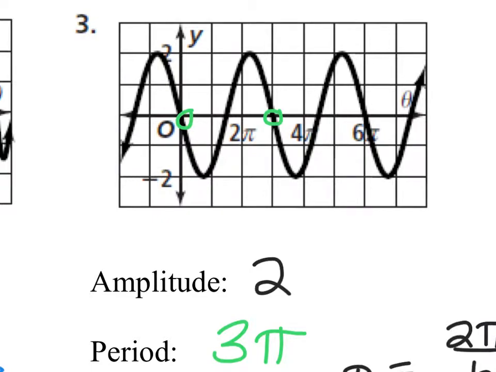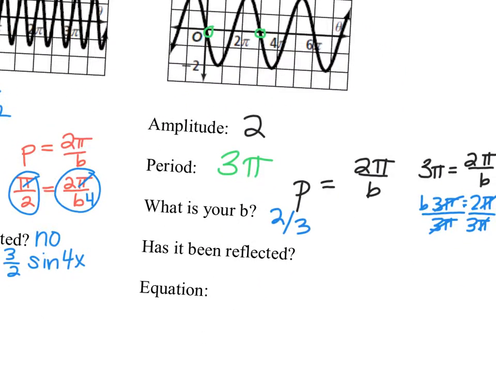So this has been reflected. So yes, it's been reflected. If it's been reflected, that means your a value is going to be negative. Your amplitude is always positive, but the a value is based on the amplitude and whether it's been reflected or not. So it's going to be -2 sine of 2/3 x.